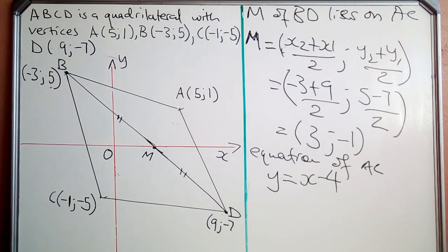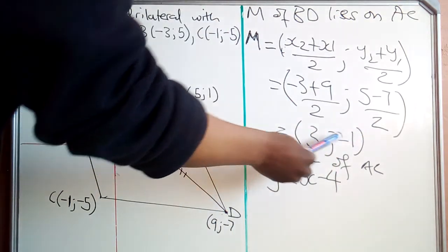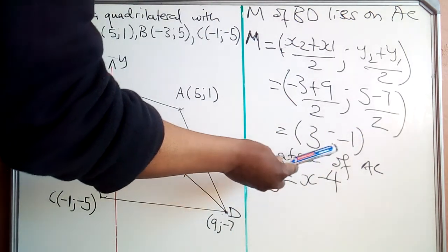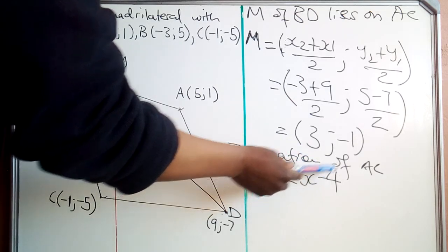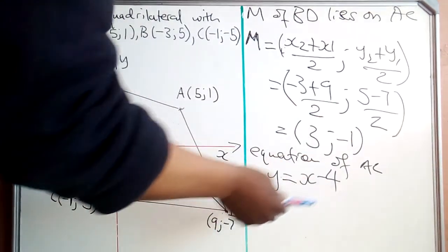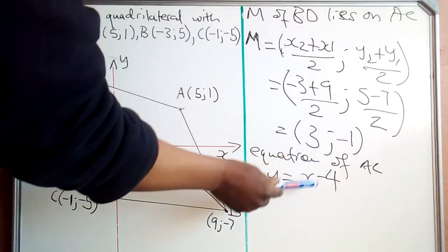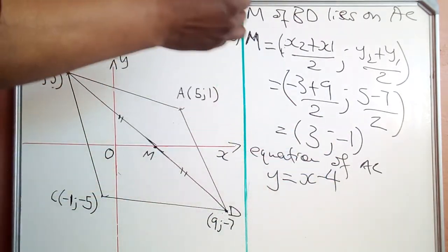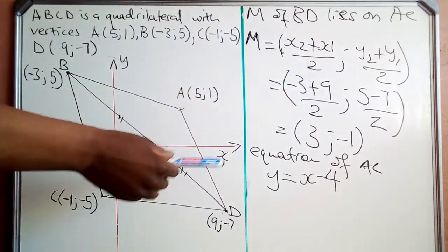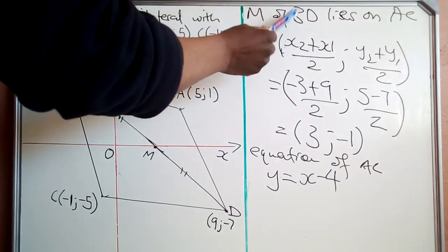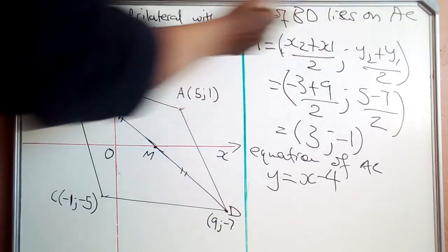So we substitute: if we substitute x there, we must get y, and if we substitute y equals minus 1 there, we must get this one. That will prove that this point not only lies on BD but also on AC.